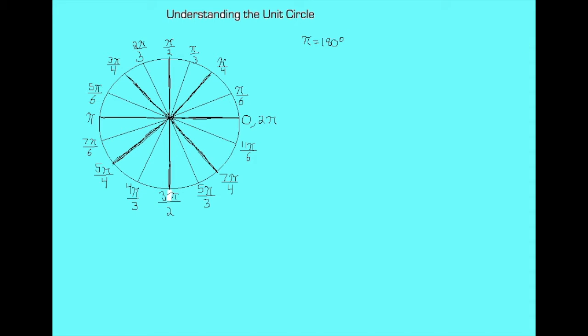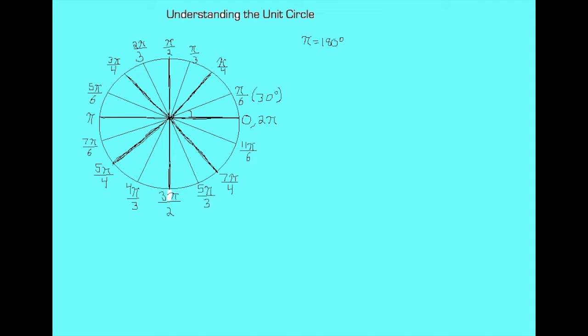So if we substitute 180 for pi in each of these radians, then we can find the degrees of the angles, and the degrees of the angles might make more sense to you. So pi equals 180 degrees. If we look at pi over 6, we will substitute 180 for pi. So we will get 180 divided by 6, which is equal to 30 degrees.